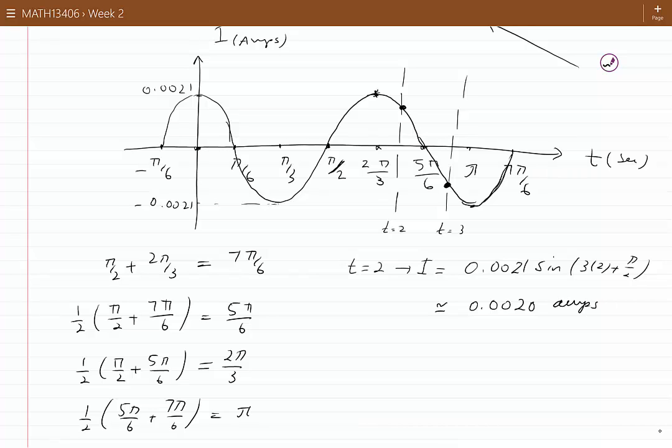And when t is equal to 3, I becomes 0.0021 sine of 3 times 3 plus pi by 2, which is approximately minus 0.0019 amps.